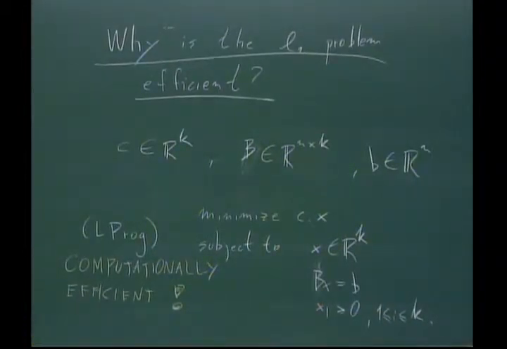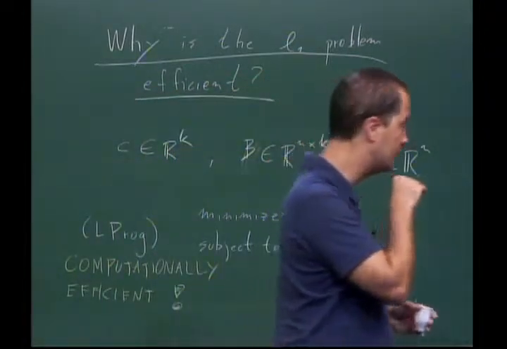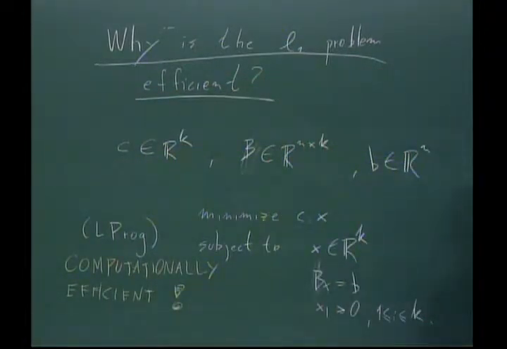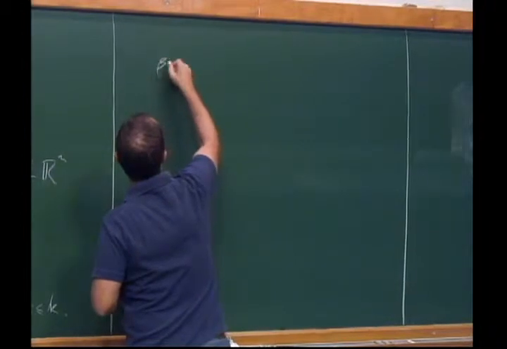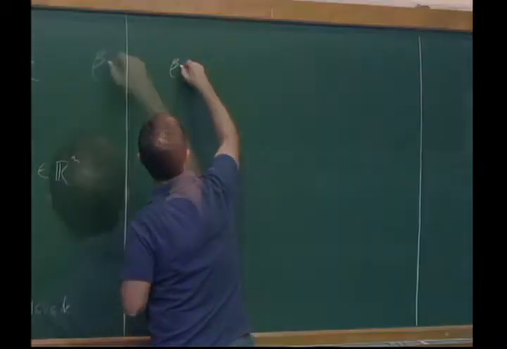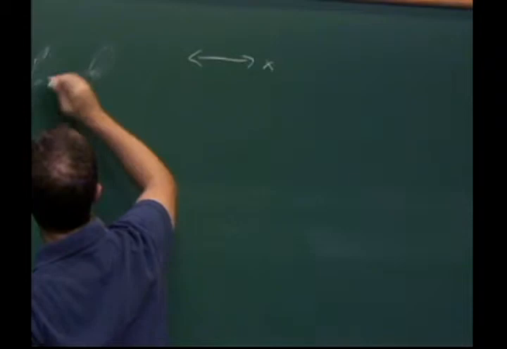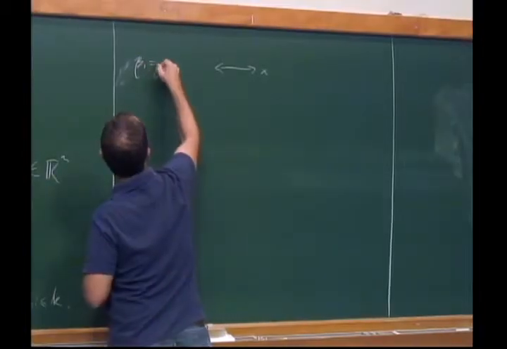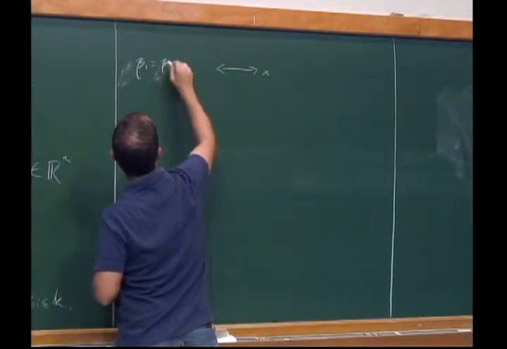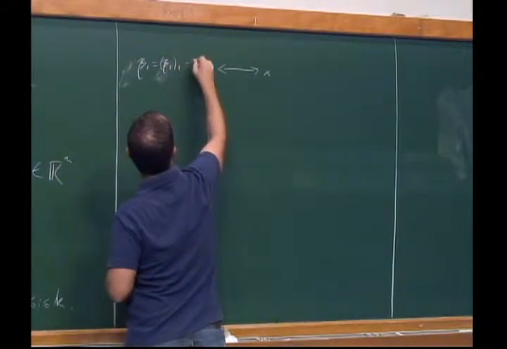So how do you do that? Well, that's actually simple. There's a natural way to move from beta to x. So beta is a vector, right? Each coordinate of beta has a positive part and a negative part.